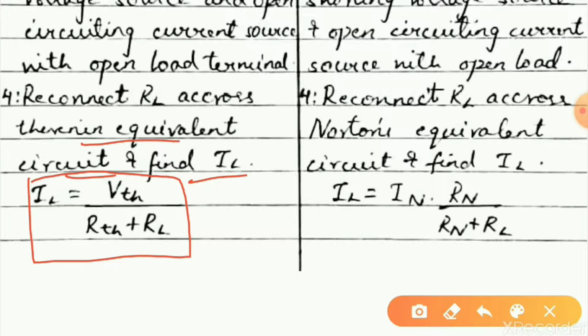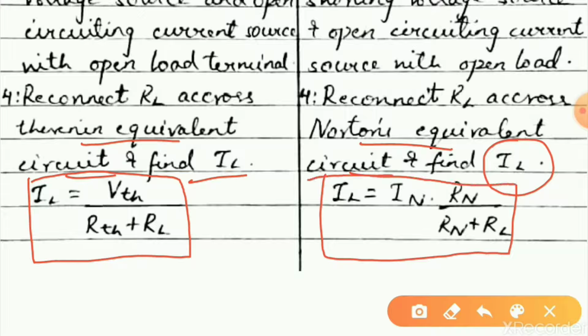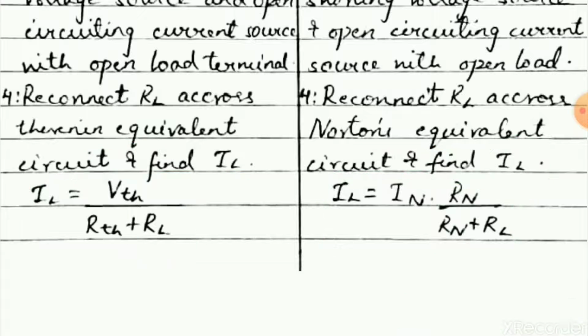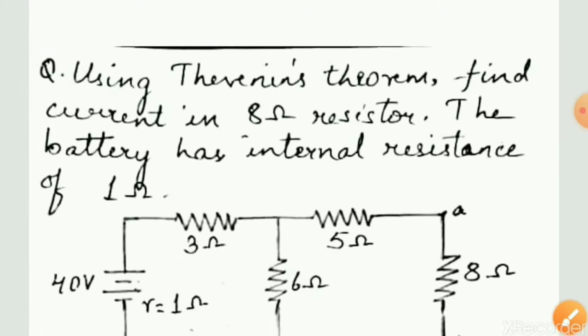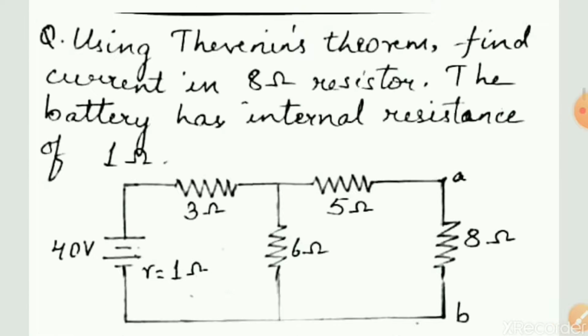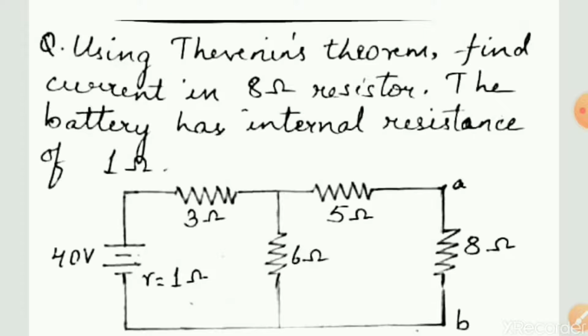While step 4 for Norton's theorem is to find Norton's equivalent circuit and find load current IL flowing through load resistor RL, which can be obtained by the formula IL is equal to IN into Rn upon Rn plus RL. Let us have a look at a numerical to understand the procedures that we have discussed right now.